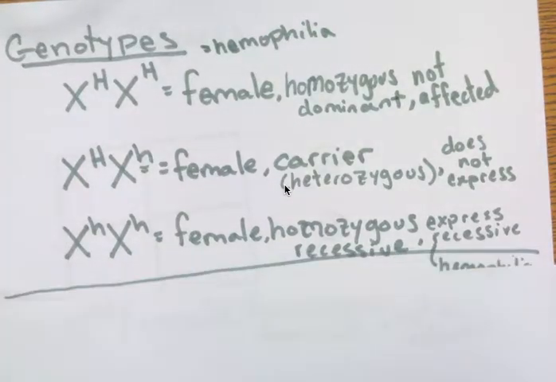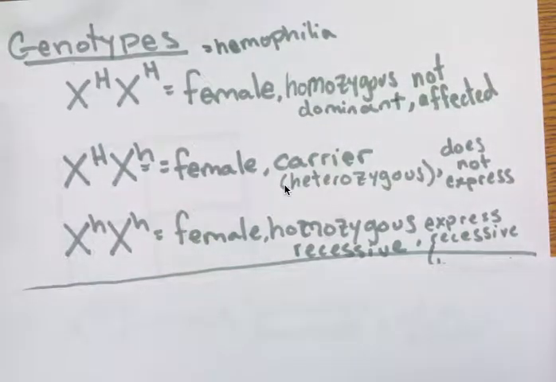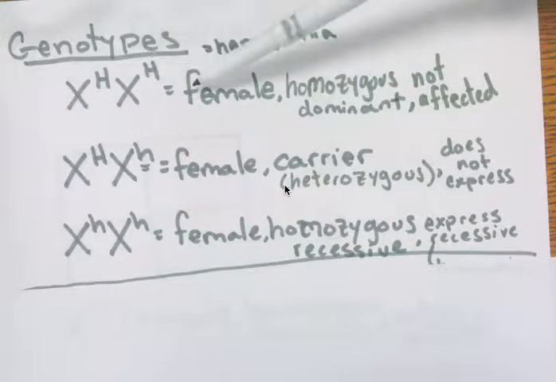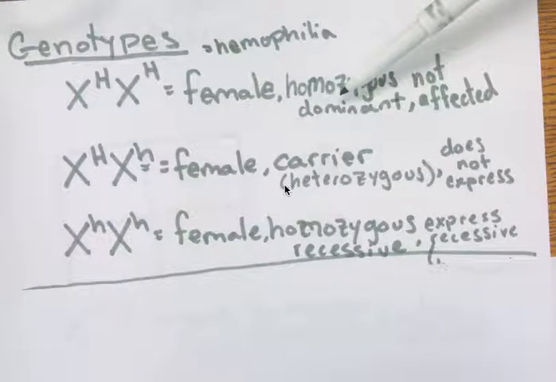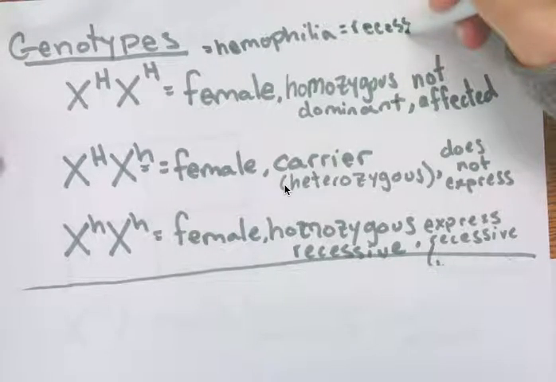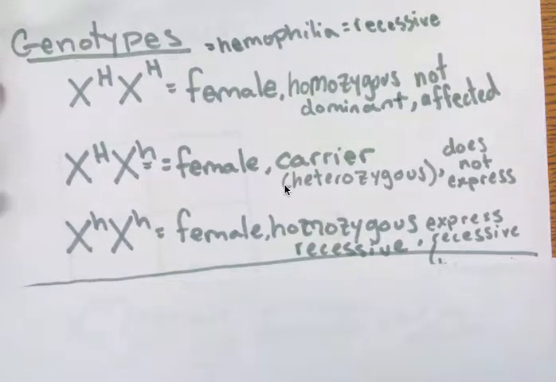All right. Now let's take a look at the genotypes. Remember, the genotypes are the genetic makeup of an organism. I'm going to use hemophilia as my example, which is why I've chosen the letter H. Somebody who is X big H X big H would be a female, two X's, homozygous dominant. And remember, hemophilia is a recessive trait, so having a dominant allele would mean you don't have hemophilia, so she is not affected.